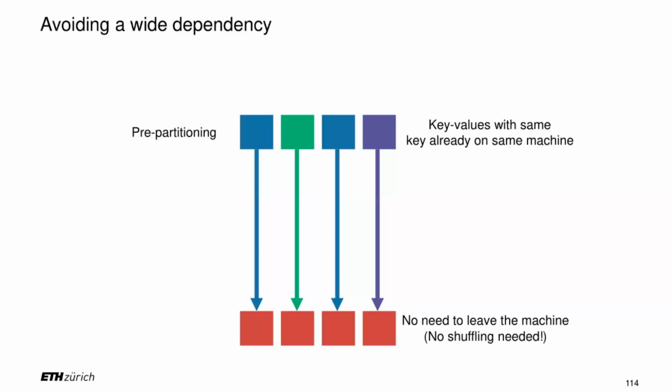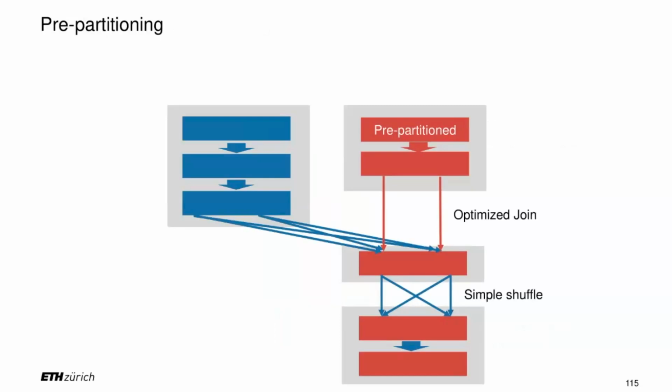If you have this extra information that the keys are already where they're supposed to be and you don't need to shuffle again, right? And so, for example, you might have one side, let's say the right-hand side, it might be already sorted or the partitions were already made, maybe because of the way it was stored on disk or I don't know. Then in that case, for example, the join would only shuffle from the left, but not from the right.